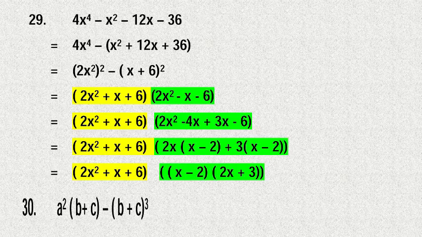Now in the third step we have 2x square whole square minus of x plus 6 whole square. It is in the standard form a square minus b square. Express it as a plus b into a minus b. So a plus b means 2x square plus x plus 6 into 2x square minus x minus 6.